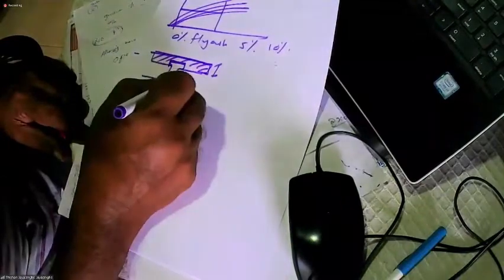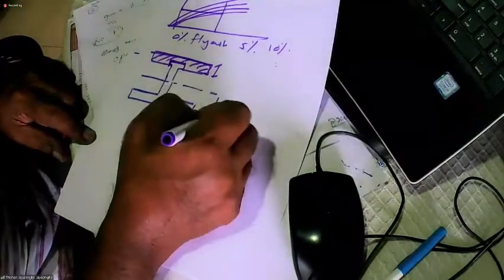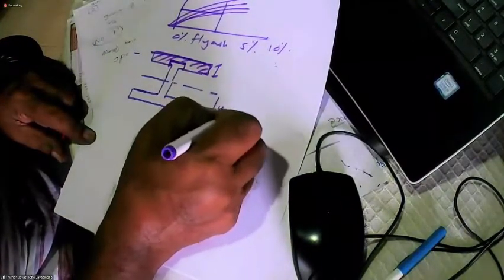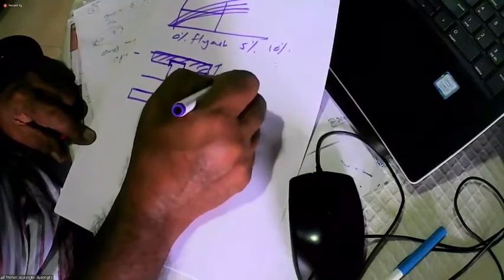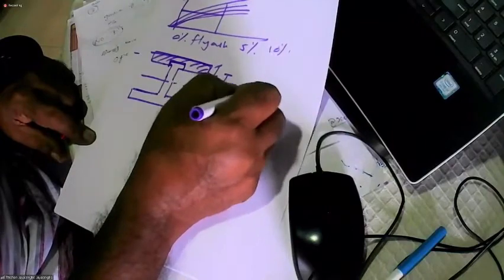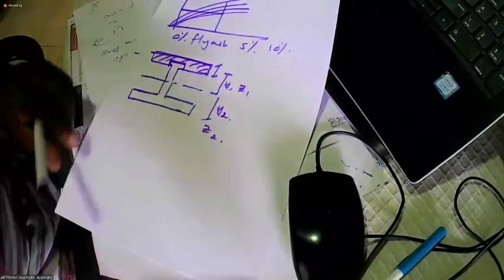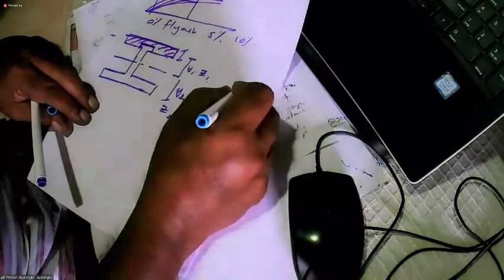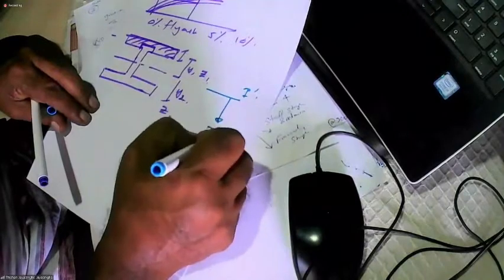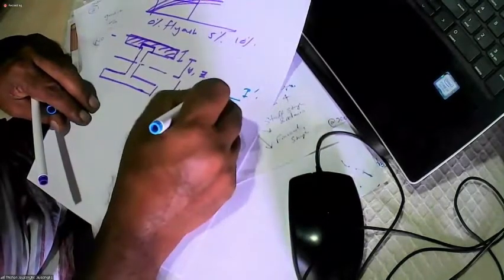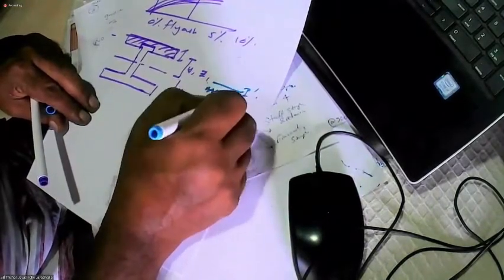So the centroid of this section is y1, z1, y2, z2, and for this section we get I dash, so we get z2 dash, not from here, here.